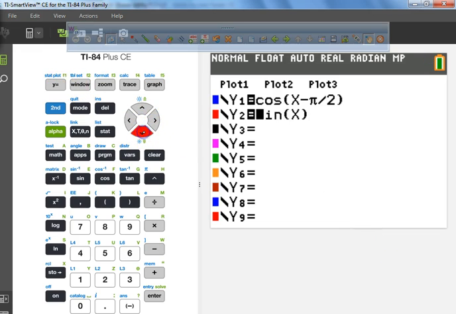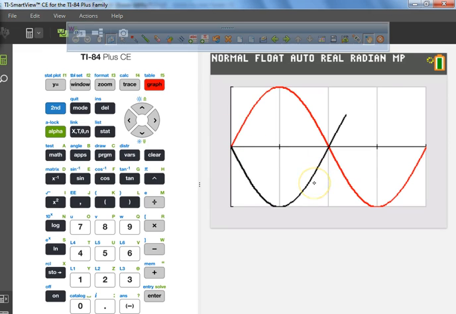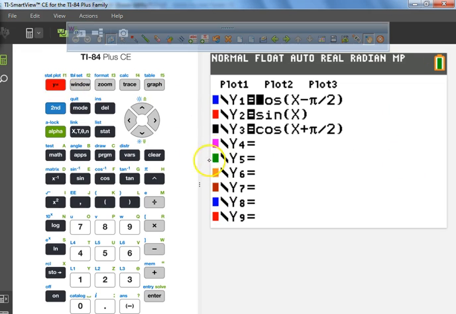If I wanted to write another one, I could probably say, I wonder what the cosine of x... That one actually ends up becoming the negative sine of x graph on that one. I'll have to shift more. Okay? So these graphs are the same.